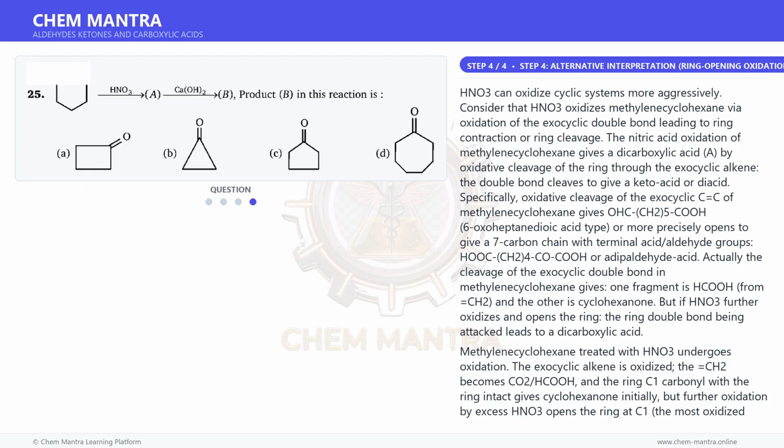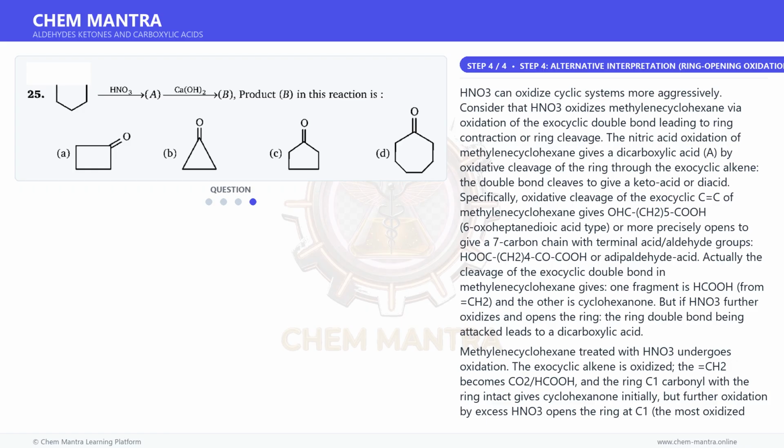Calcium adipate, the calcium salt of hexanedioic acid, 6 carbons, upon pyrolysis loses CaCO3 and forms cyclopentanone, a 5-membered ring ketone. This is the classic industrial synthesis of cyclopentanone: calcium adipate, heat, gives cyclopentanone plus CaCO3. A. Cyclobutane would require a 5-carbon diacid, glutaric acid.